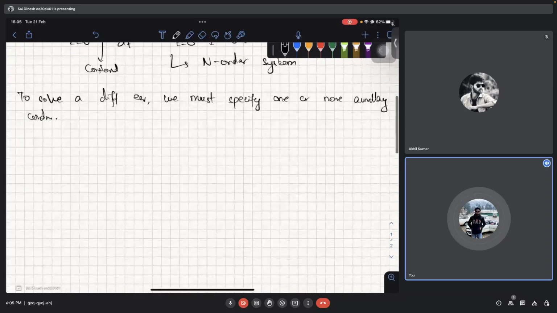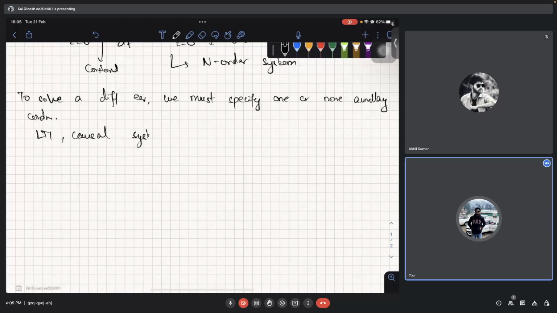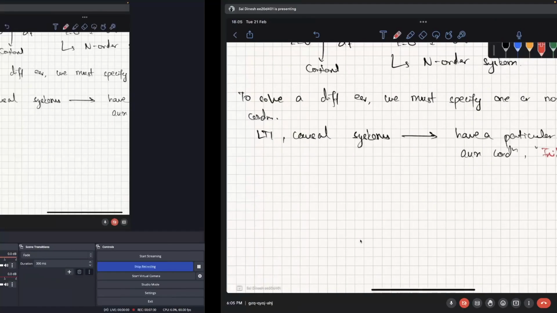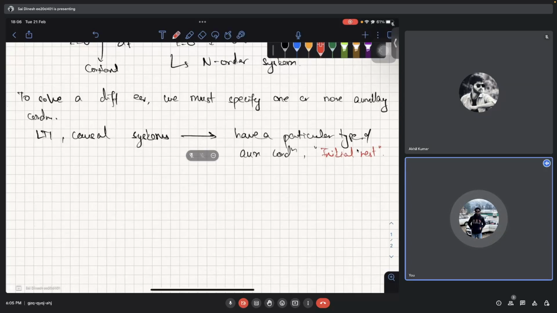In our case we'll be talking about LTI and causal systems, and these have a particular type of auxiliary condition known as the initial rest.